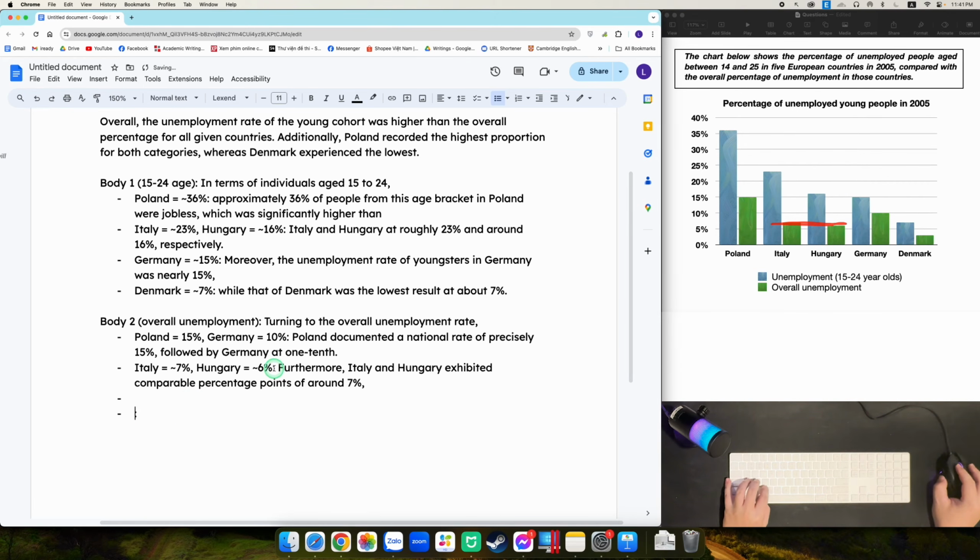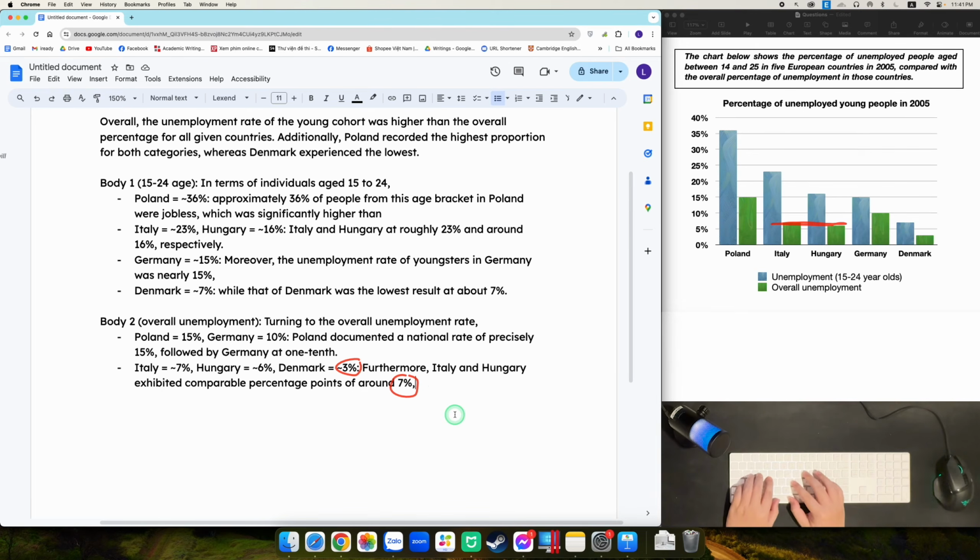Another way that you can report the data without explicitly write down the percentage is to say that something is double something else or half of something else. Here we see that 7% is about double of 3%, so I'll say, which was about double that of Denmark.